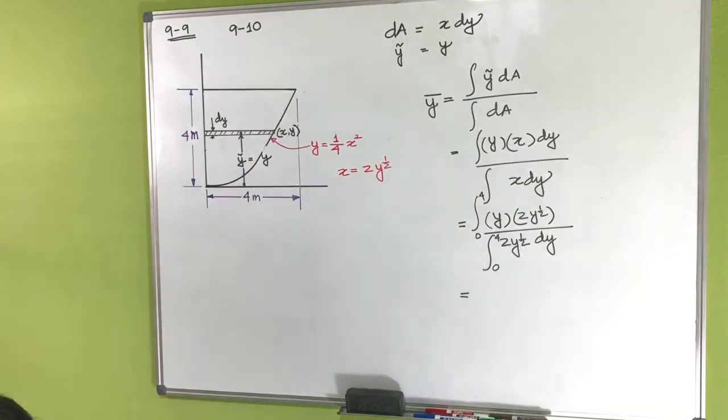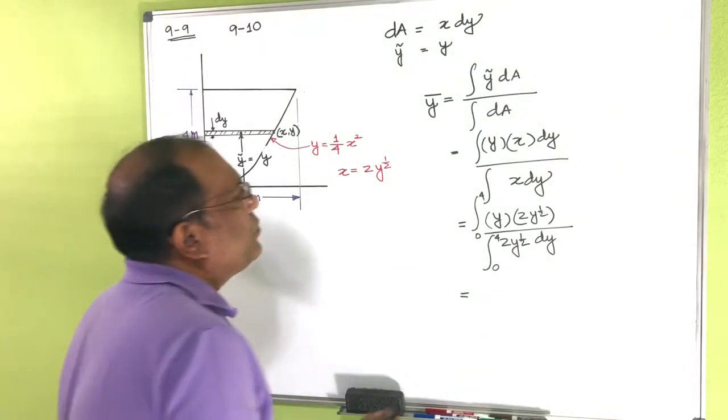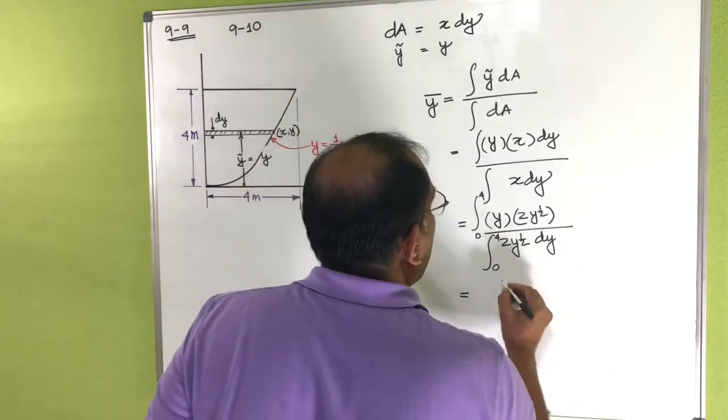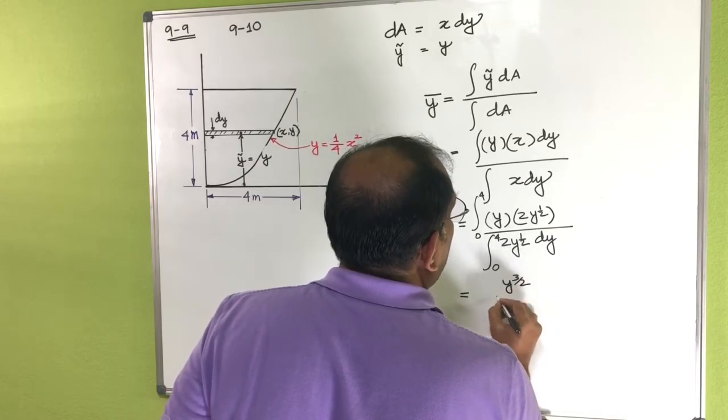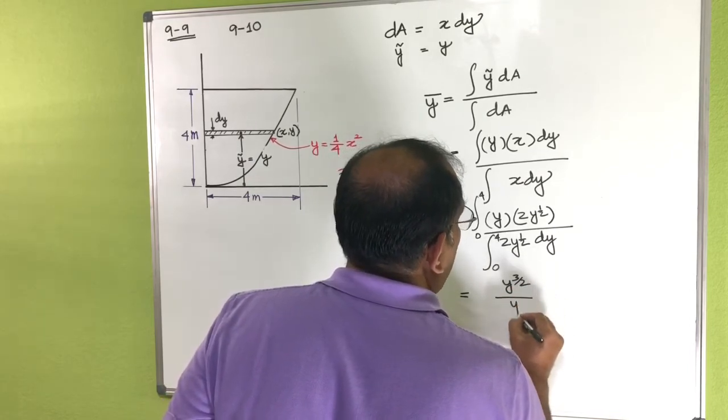So this one is y to the power 3 by 2 divided by y to the power half.